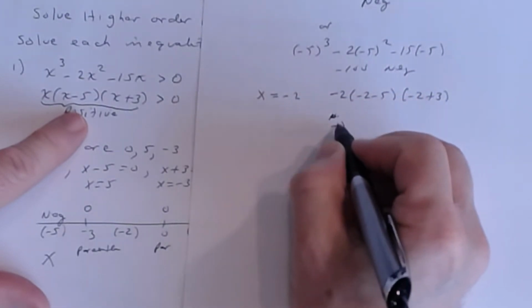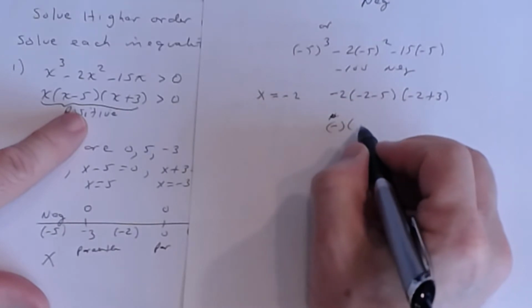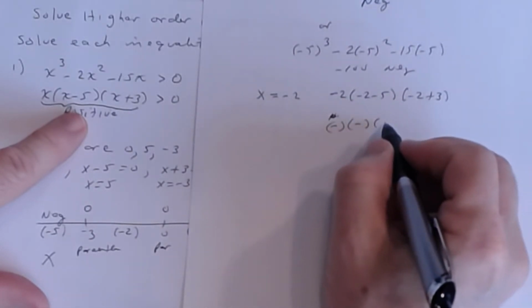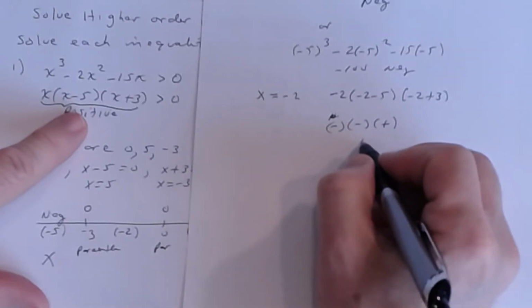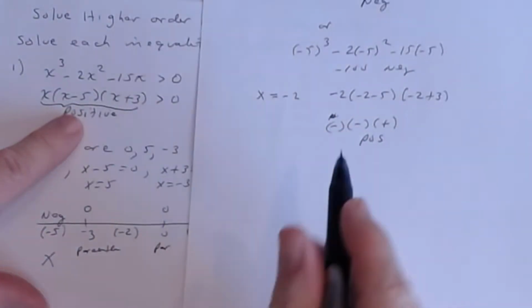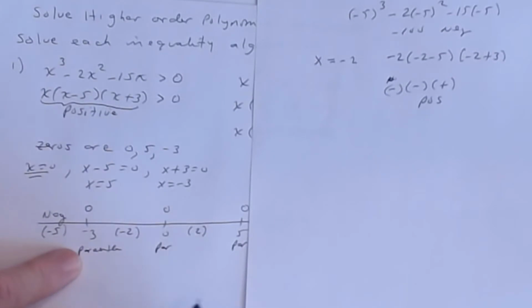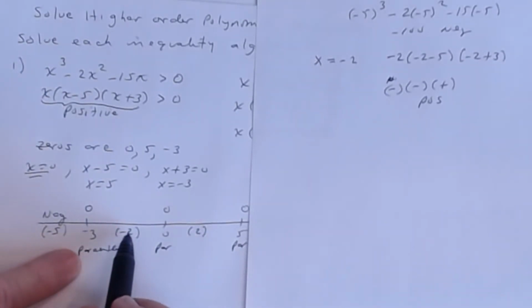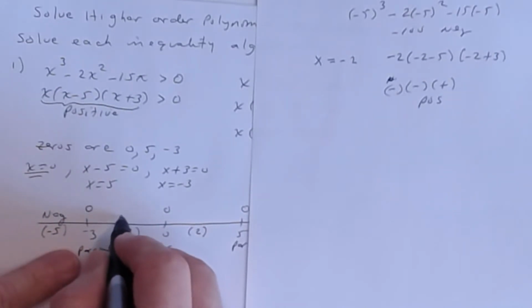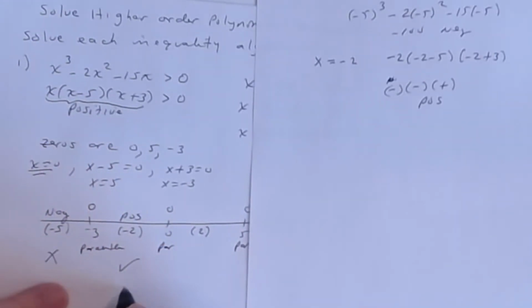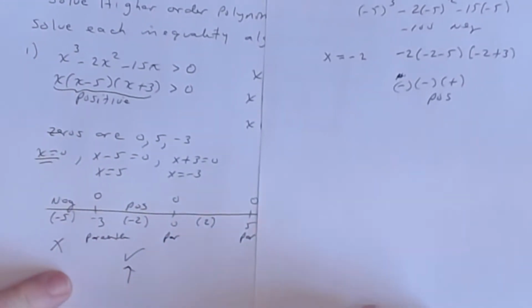Negative times a negative 2 minus 5 is negative. A negative 2 plus 3 is positive. So a negative times a negative is a positive, times a positive is a positive. So no matter what real number I choose between negative 3 and 0, this product is going to be positive, and that is something I want. So I'm going to use that as one of my solutions.